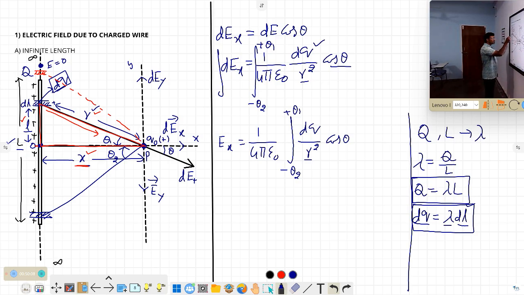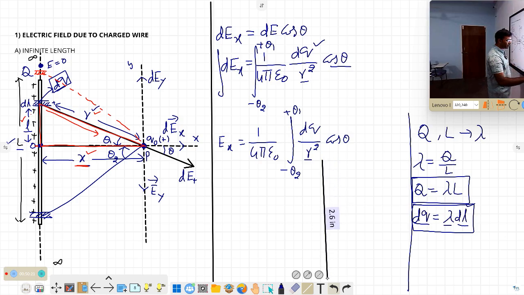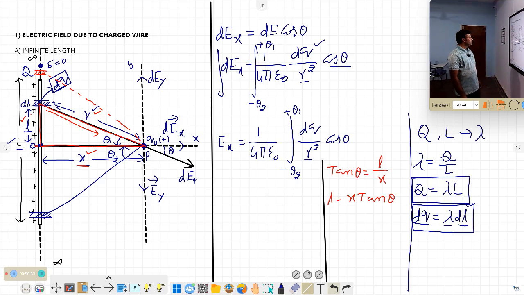Opposite by adjacent is nothing but tan theta. So tan theta is equal to opposite L by x. So L is equal to x tan theta.